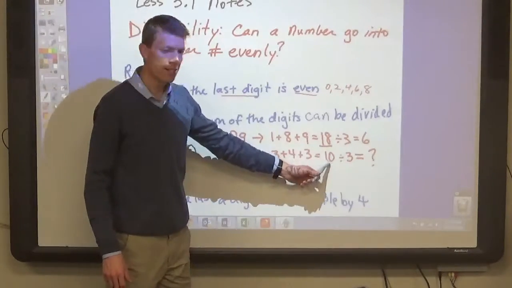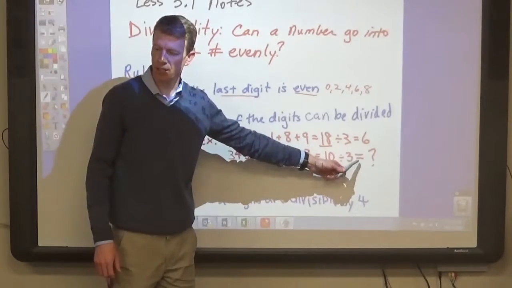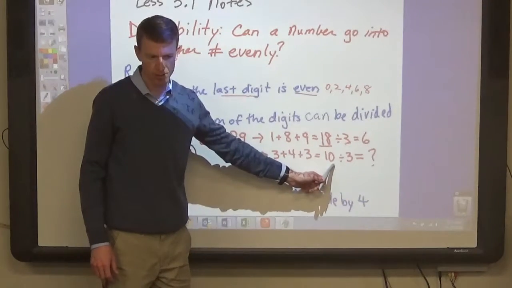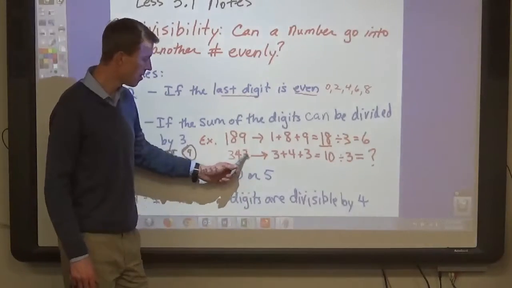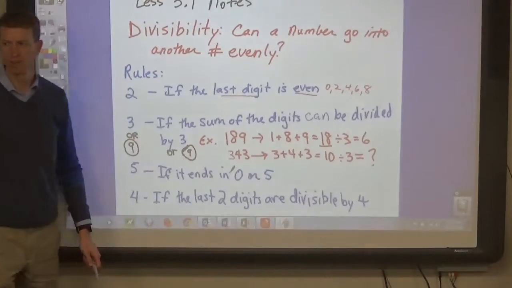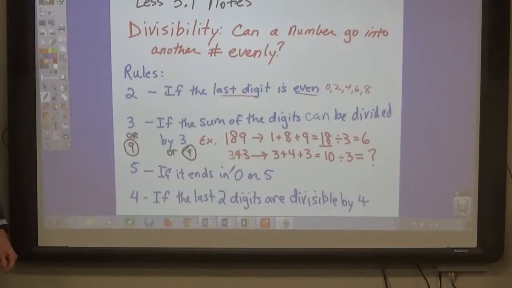And so 10 is not divisible by 3 evenly. It doesn't go in without a remainder. Therefore, this number is not divisible by 3. It's not compatible with 3. We called those compatible numbers before.